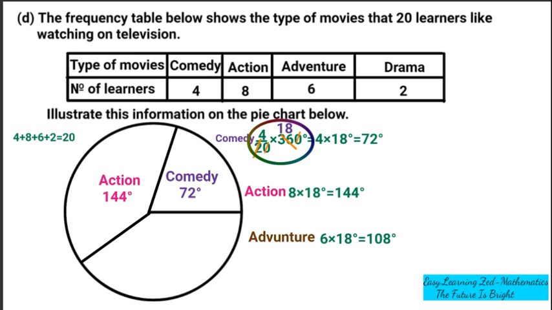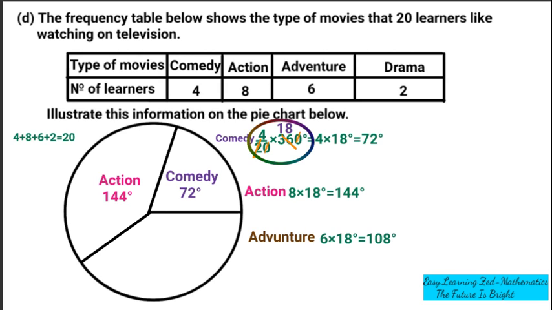So what I'm going to do now is go to the pie chart again and mark 108 degrees. My protractor's baseline will line up with the line I marked earlier, which is going diagonally on the right side.